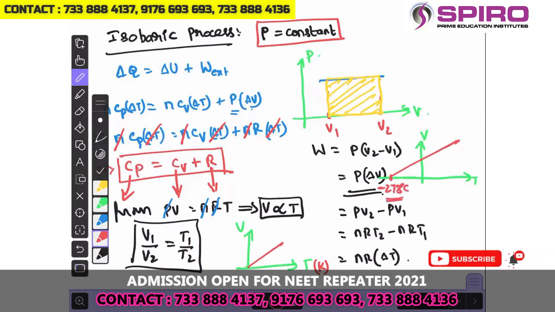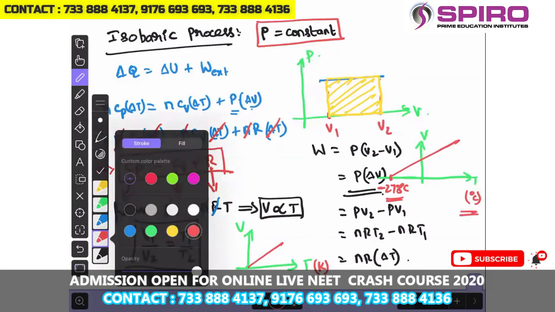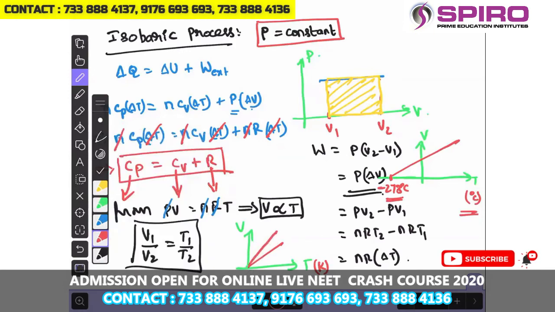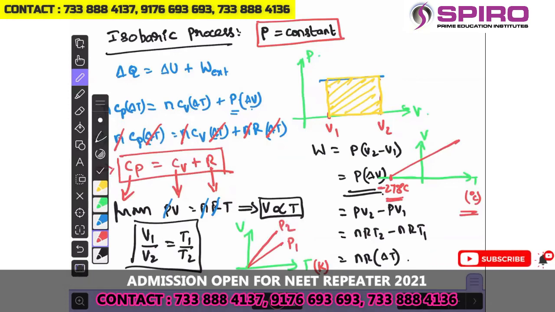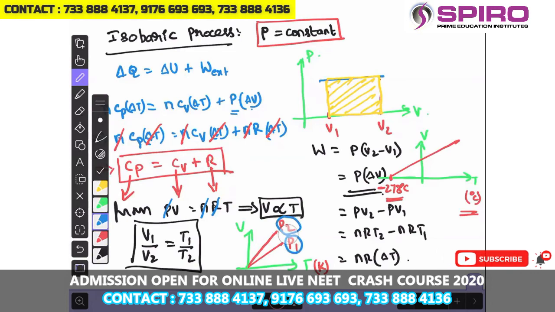Okay, so these are the various aspects. Also, for example, here is the pressure P1 and here is the pressure P2. The graph of volume and temperature at pressure P1 is like this and at P2 is like this. Which is greater, P1 or P2? How can you say?